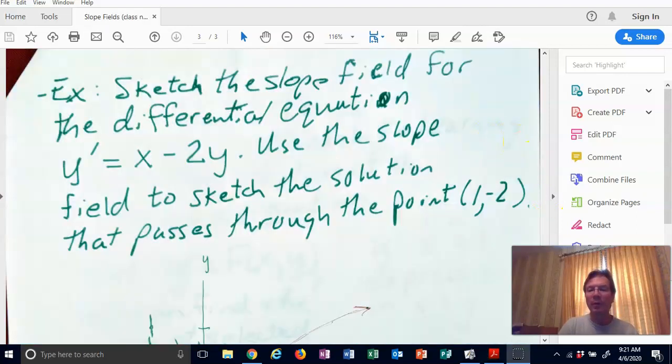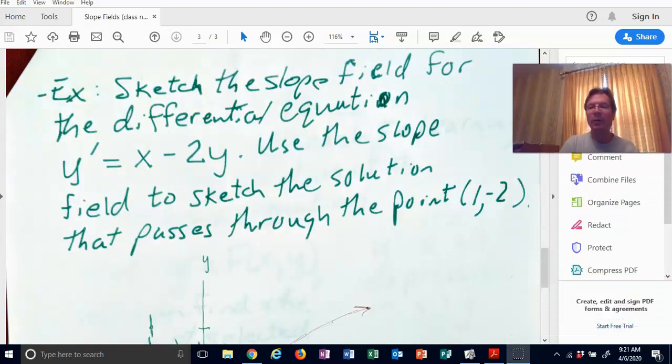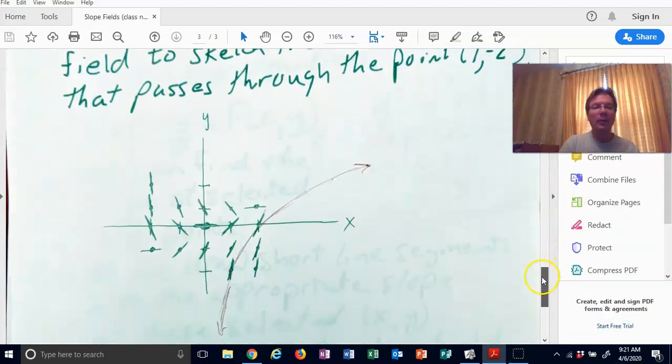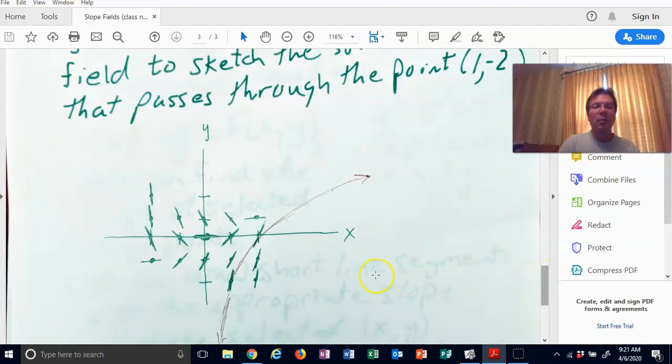You would pick a bunch of different x and y points, plug them in to find the slope, generate your little slope segments here, and then if you want it to go through the point 1, negative 2, sort of trace it out, and it should look something like this.